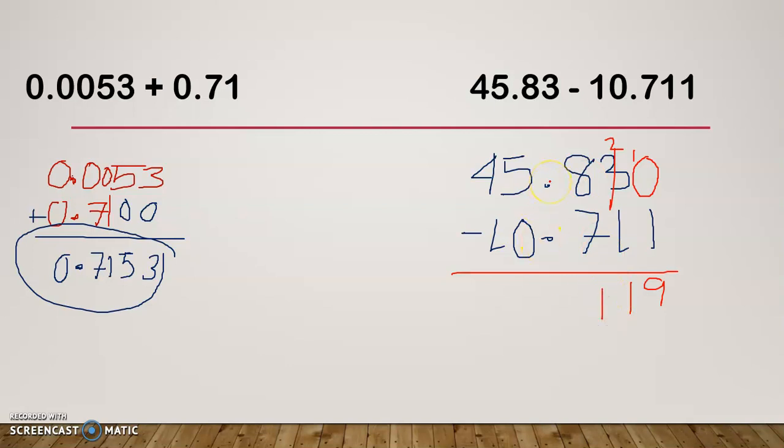Copy or bring down the decimal point here. And then 5 minus 0 is just 5. And then 4 minus 1 is 3. So the difference between 45 and 83 hundredths and 10 and 711 thousandths is just 35 and 119 thousandths.